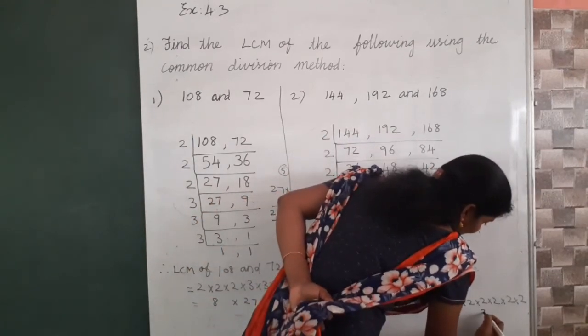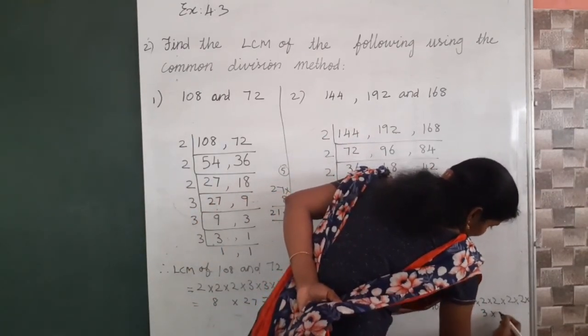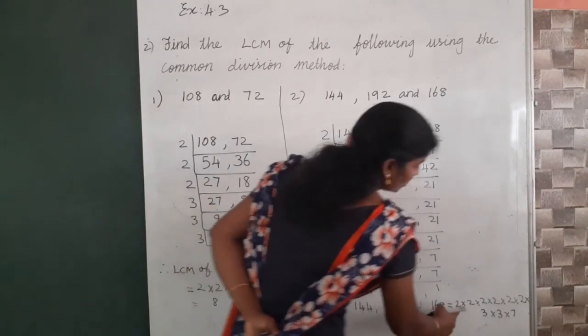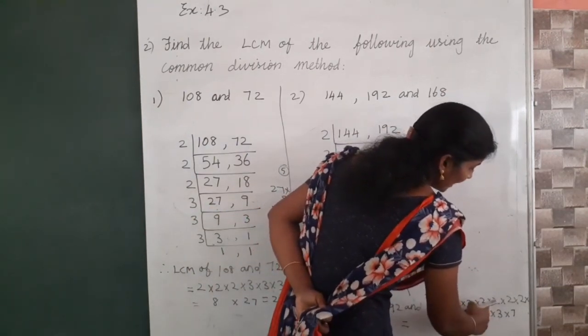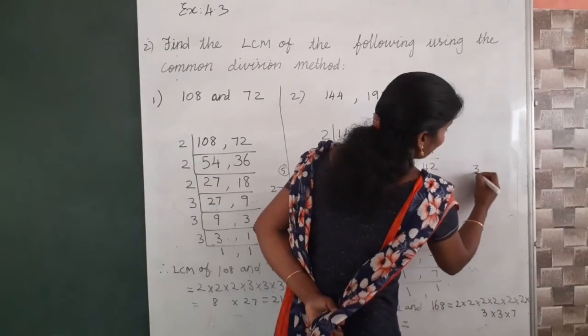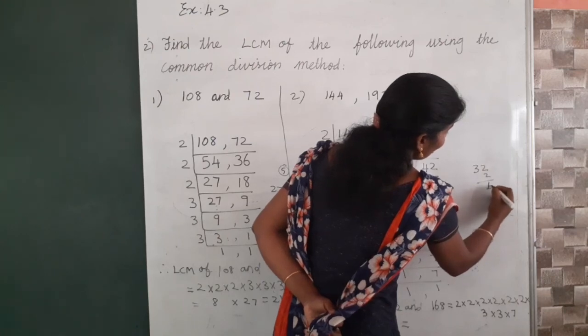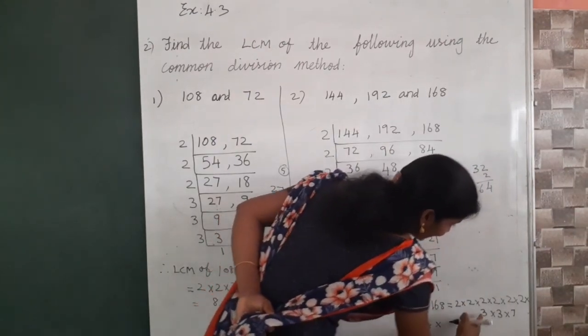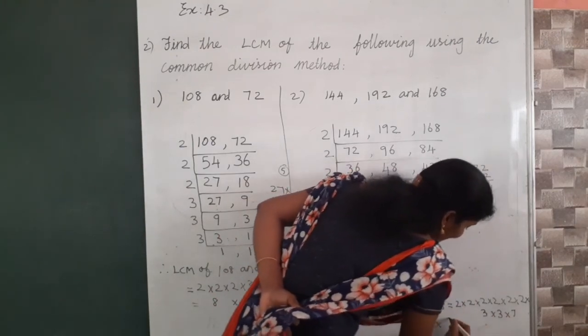Okay, 3 into 3 into 7. Now we can multiply. 2 2s are 4, 4 2s are 8, 8 2s are 16, 16 into 2 32, 32 into 2 64. Now 2 over, then 3 3s are 9, 9 7s are 63.